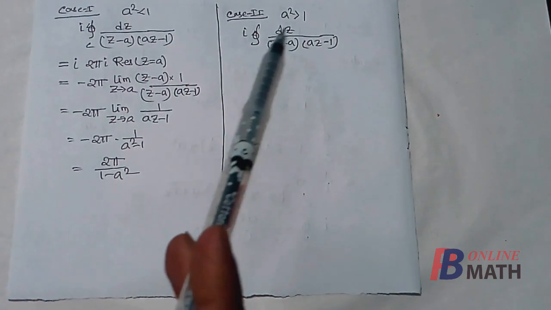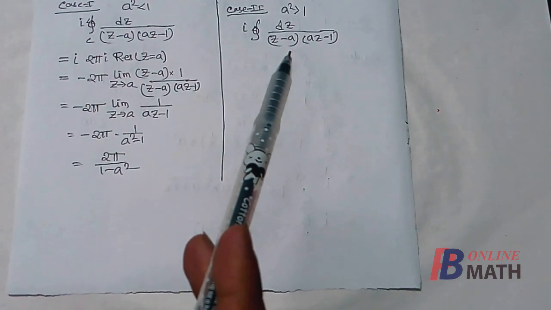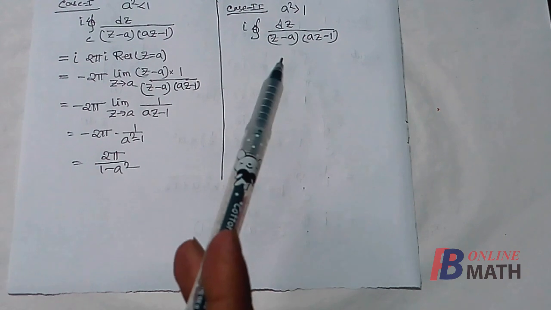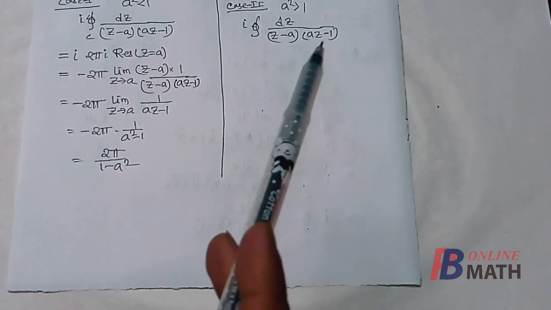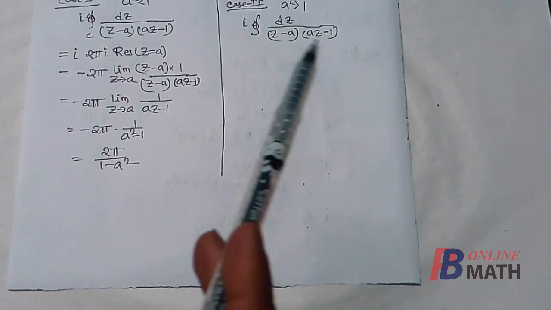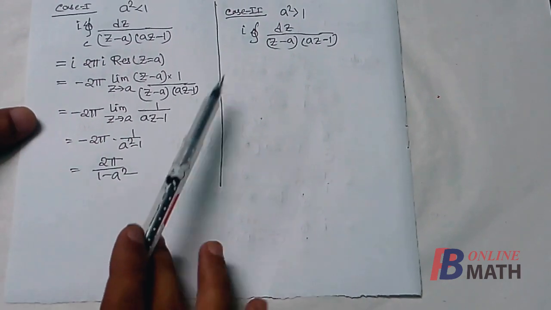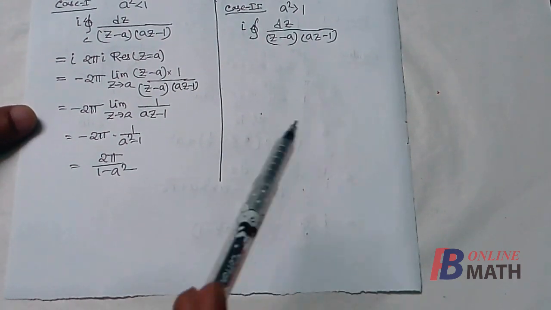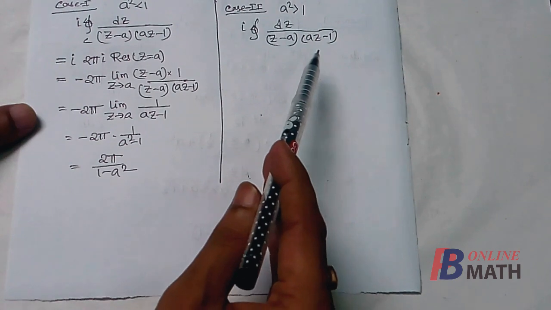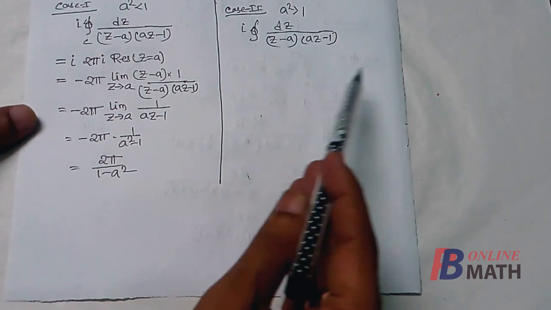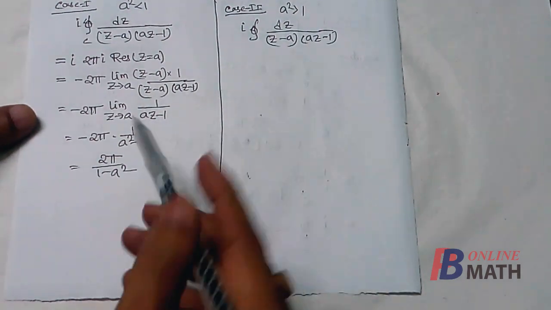Now if a square is greater than 1, this pole at z equal to a lies outside the unit circle, and the pole at 1 by a lies inside the circle, because if mod z is greater than 1, then modulus of 1 by z is less than 1. So out of these two poles, only the pole at z equal to 1 by a lies inside the unit circle, and the other pole lies outside the unit circle.